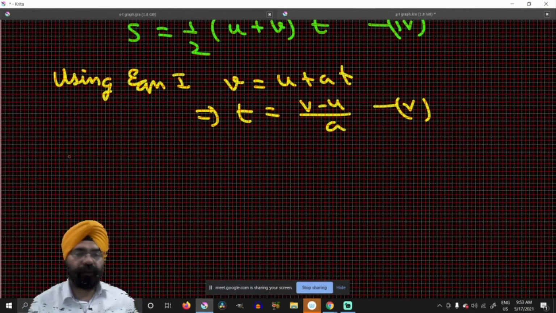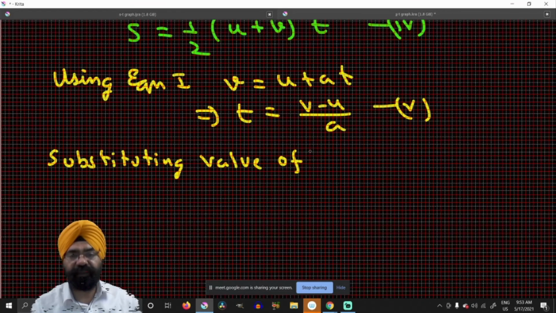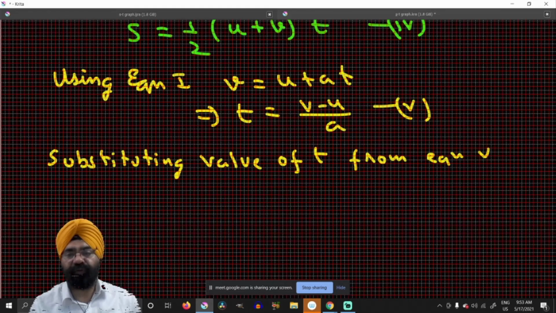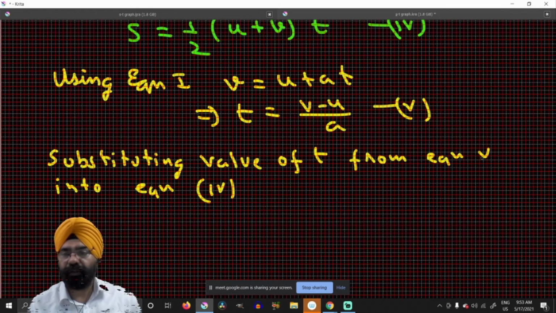So now we replace this value. Substituting value of T from equation 5 into equation 4, what does it become?